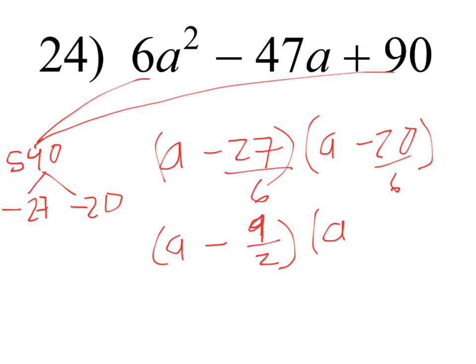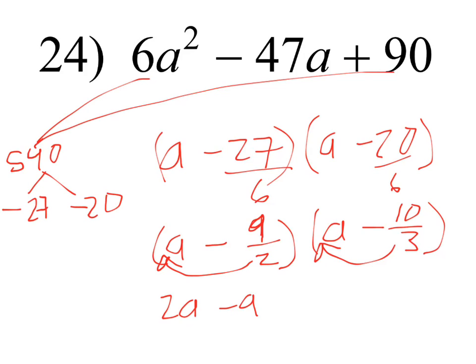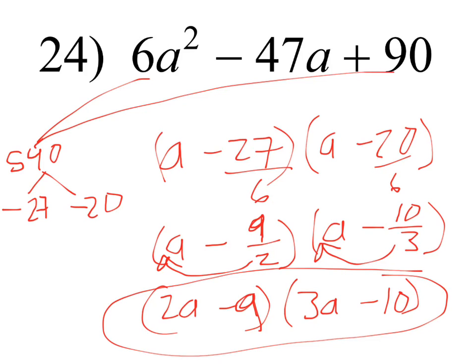And you'll have a minus 10 thirds. Move the 3 out front, move the 2 out front. You'll get 2a minus 9. This is a 9. And then you'll have 3a minus 10. And you'll have this for your answer. And yeah, we'll stop there.